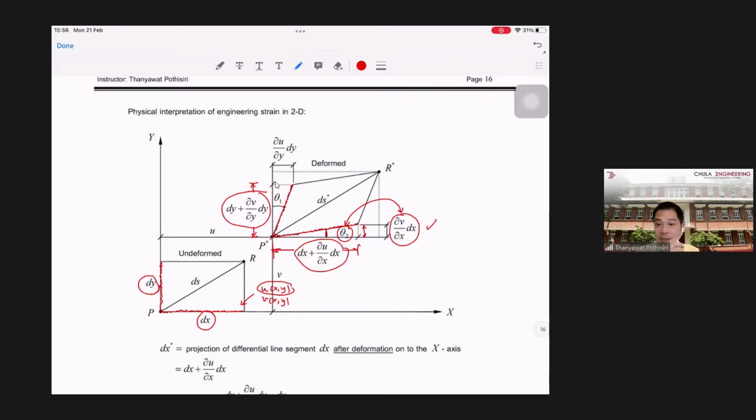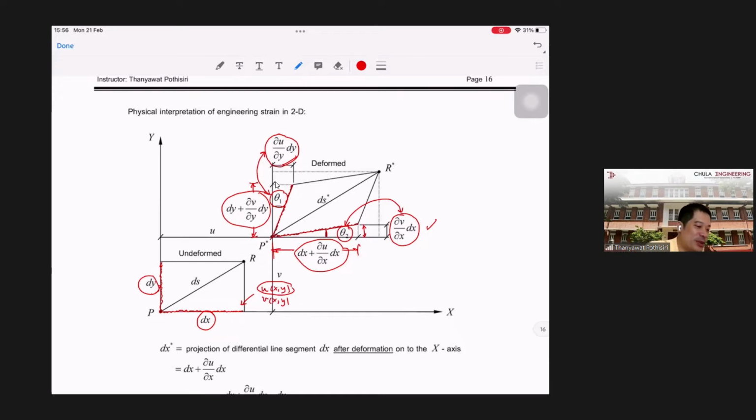And if you want to tell how much dy has moved in x direction, you need to use the displacement function u, right? Because displacement function u tells you the displacement in x direction. And you see that this change of angle is related with this term right here.